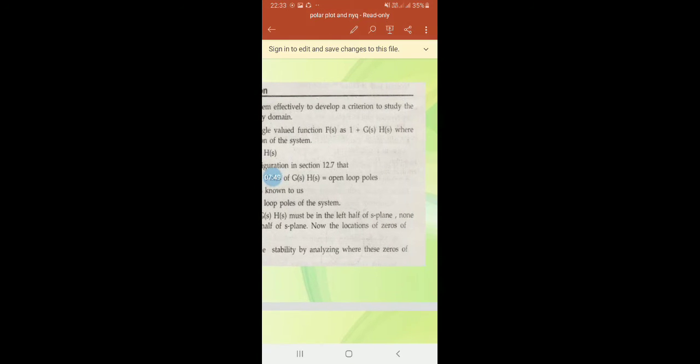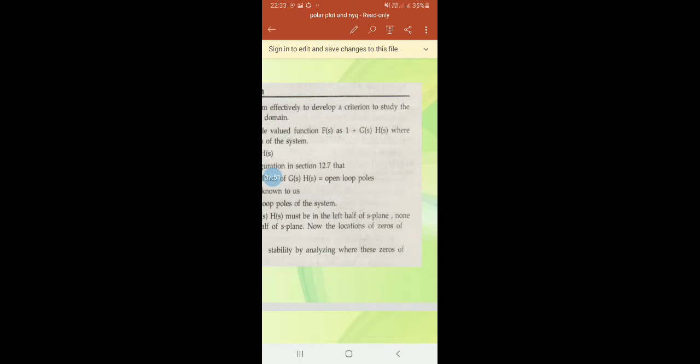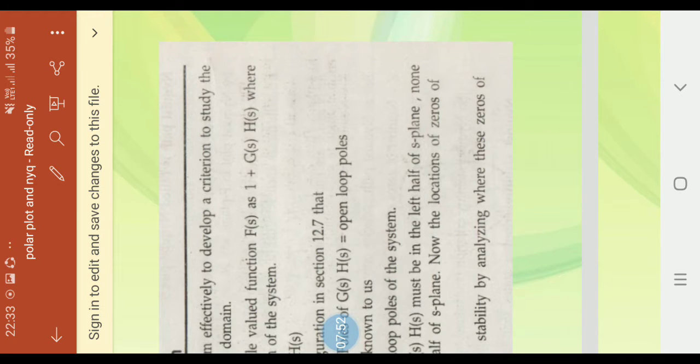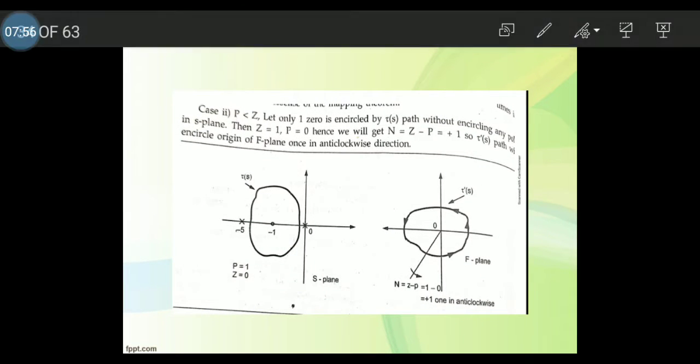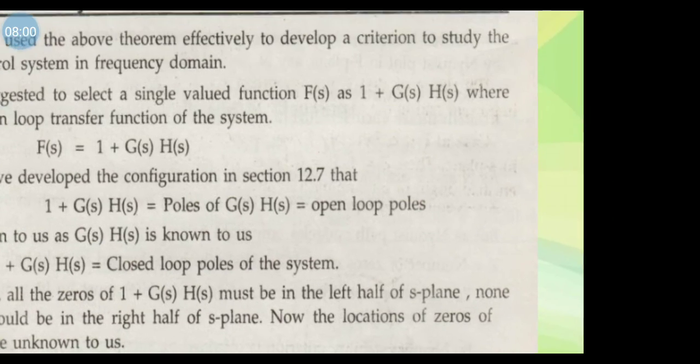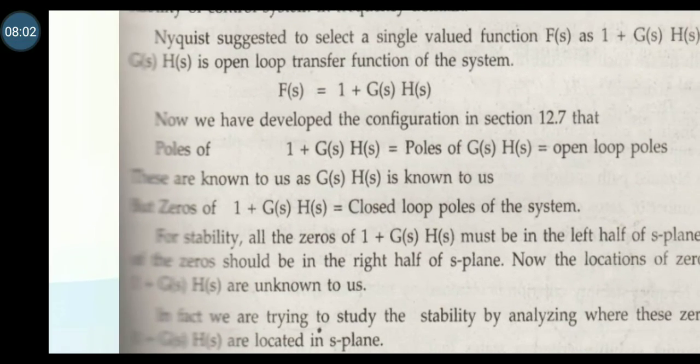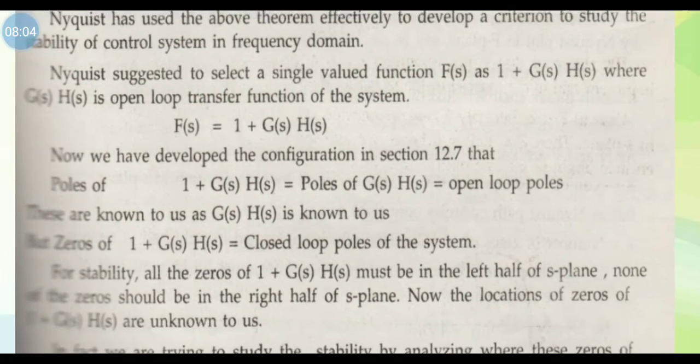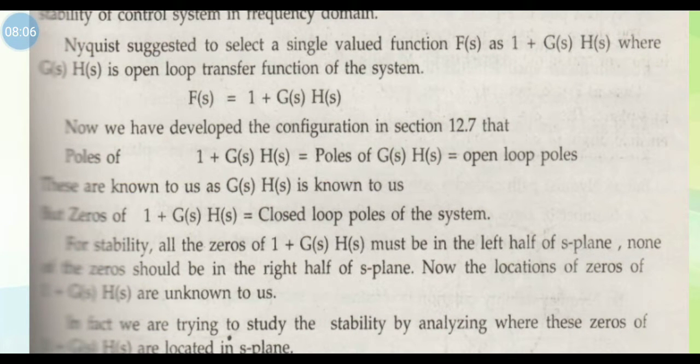So Nyquist suggested to select a single valued function f of s as 1 plus g of s h of s, where g of s h of s is the open loop transfer function of the system.